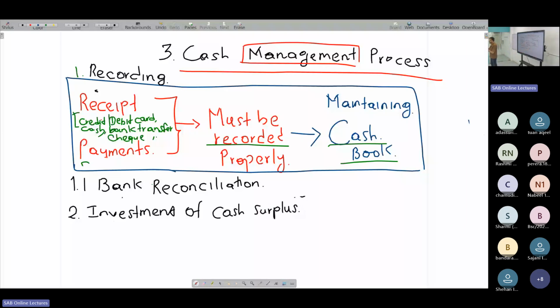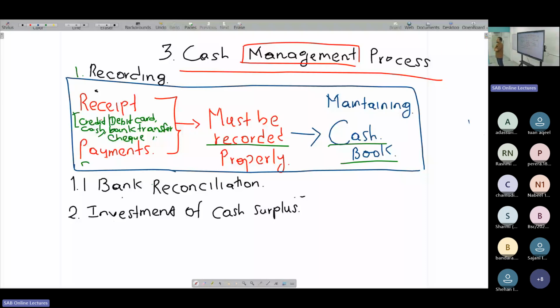The first management activity is recording, and the second management activity is how you can use excess cash.